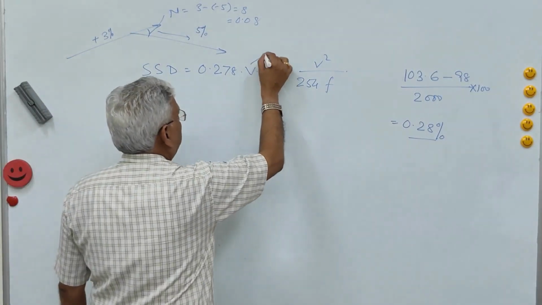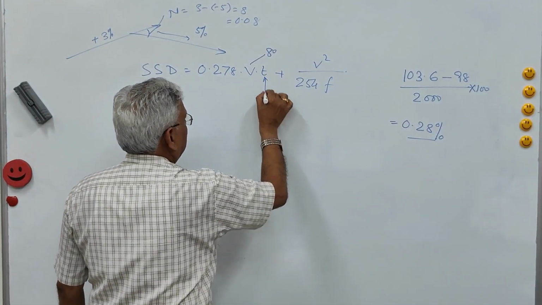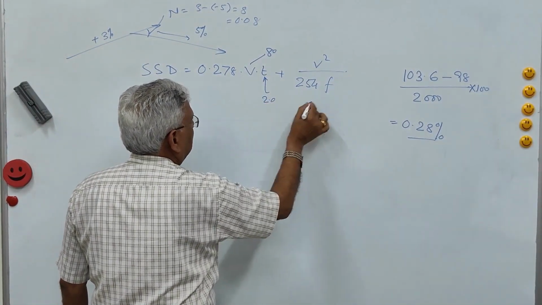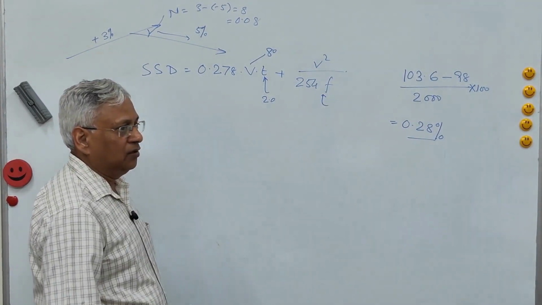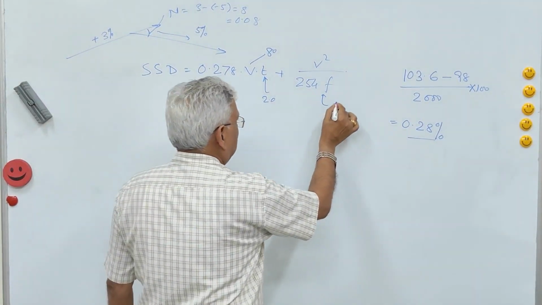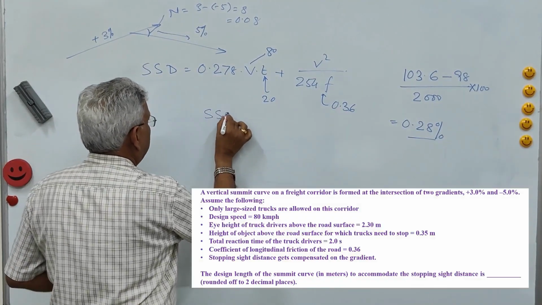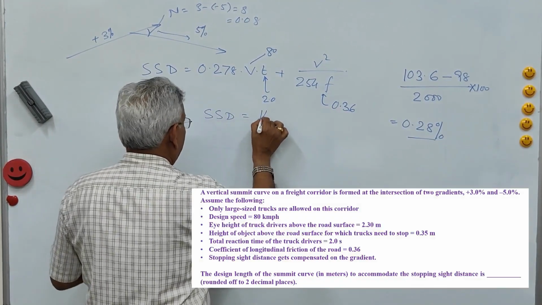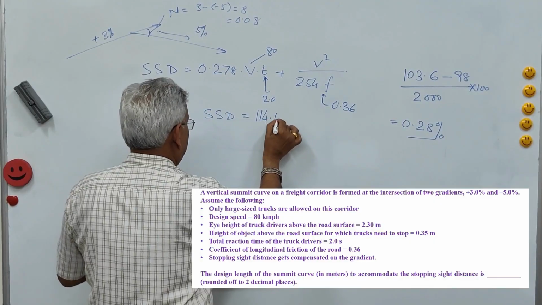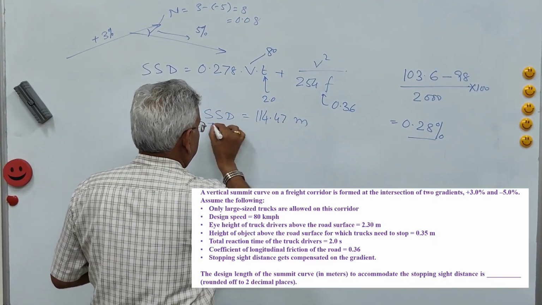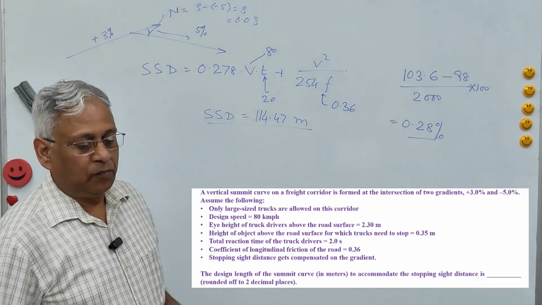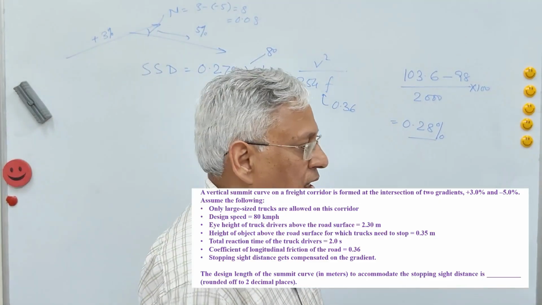V is 80 km per hour, T reaction time is 2 seconds, friction F value is 0.36, and if you put all these values here, you get SSD equal to 114.47 meter. This is the stopping sight distance.